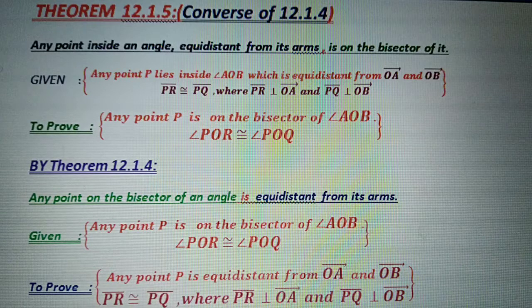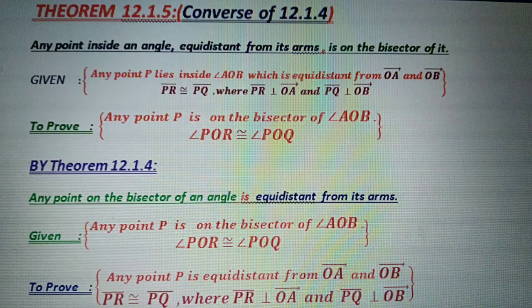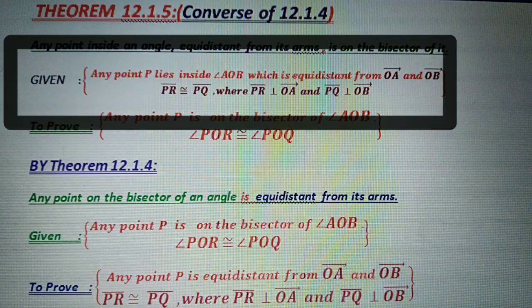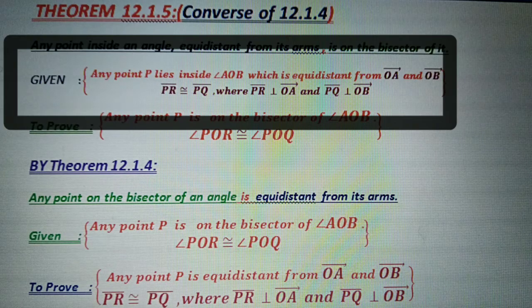So the given of theorem 12.1.4 will be the proof of theorem 12.1.5, and the proof of theorem 12.1.4, PR congruent PQ, will be the given of theorem 12.1.5. So PR congruent PQ is its given.